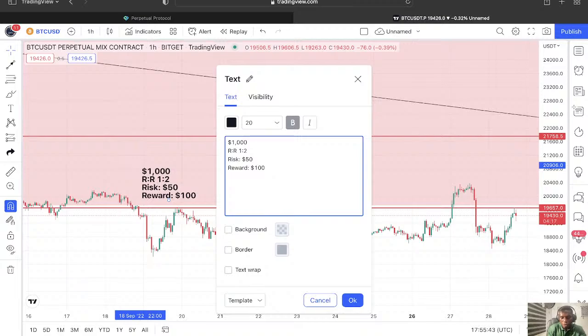Okay, if you are going to be using the 0.01 lot size, because in 0.01 lot size, one pip is 10 cents. Which means if 1 pip is 10 cents, then you would need 10 pips to get $1. Do you get that? Good. So you want to also put that as a factor.